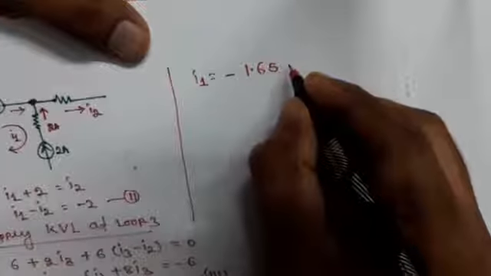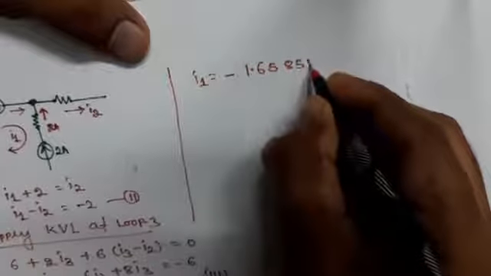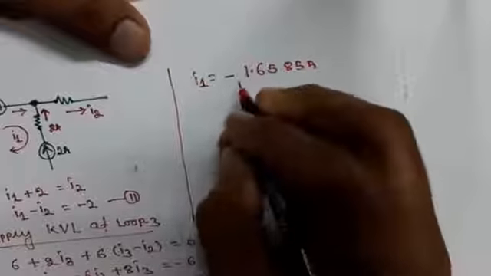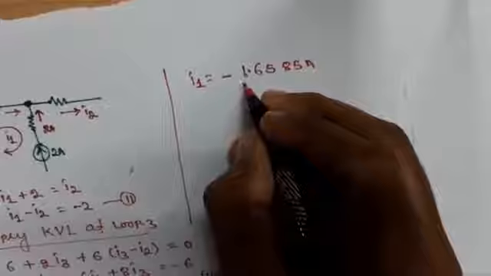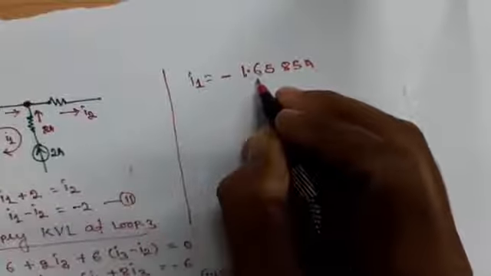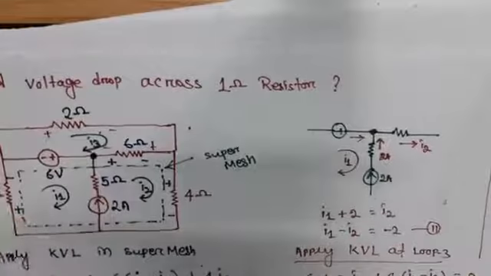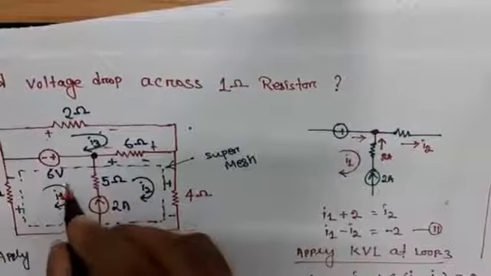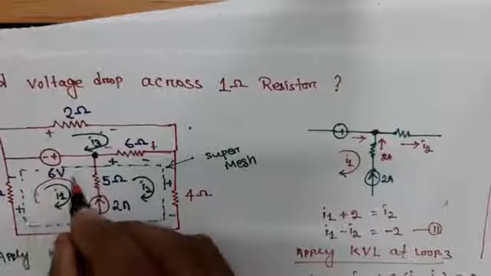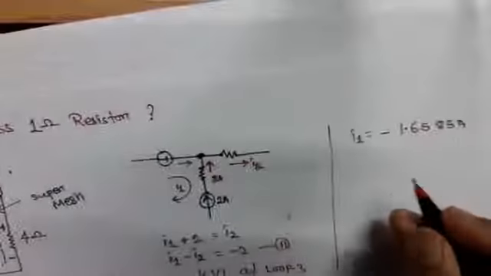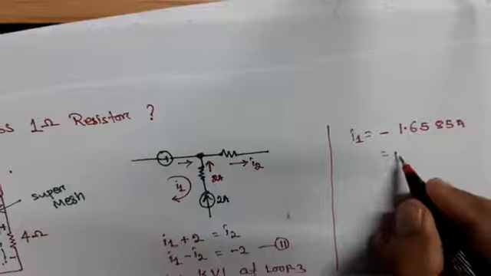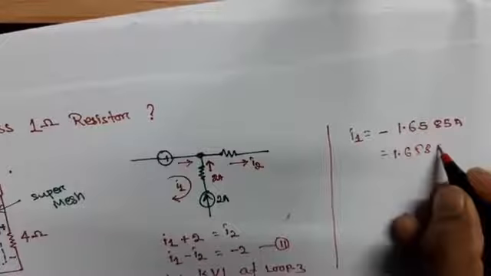Actually this is not minus; we considered clockwise, but when we solve the equations we find minus because our assumption is wrong. So the current is actually flowing in this way, so it will be plus.